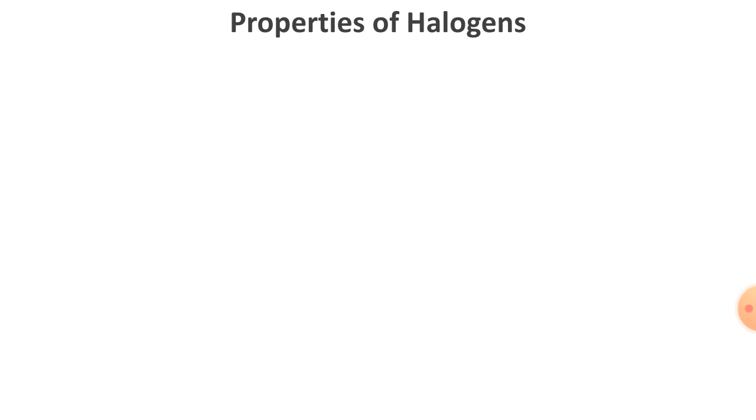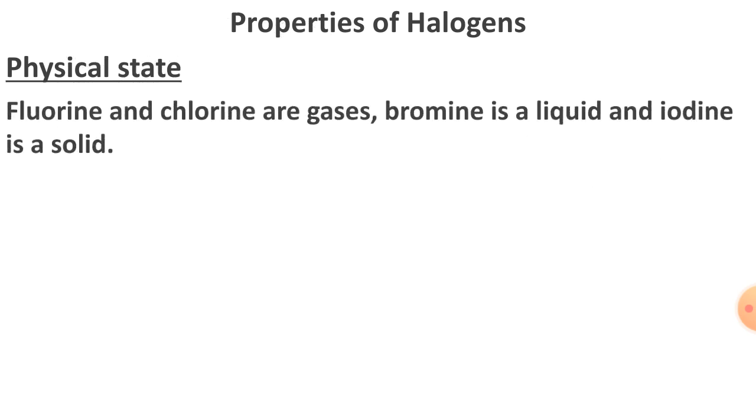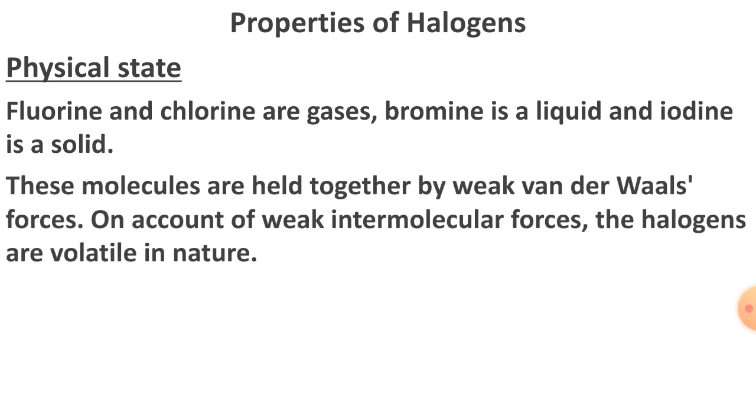The first property is physical state. About this I told you in this lecture: fluorine and chlorine are gases, bromine is a liquid and iodine is a solid. This is because these molecules are held together by weak van der Waals forces. As the size increases down the group, the intermolecular forces also increase.